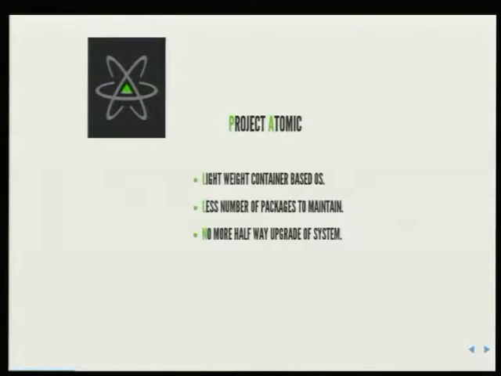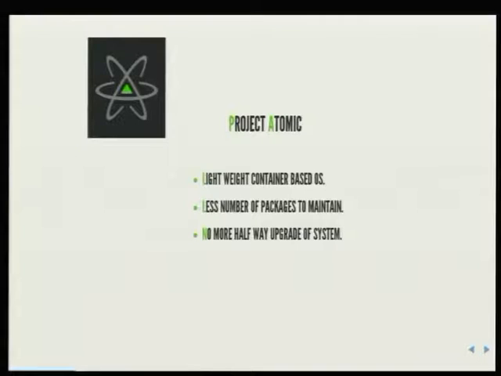Project Atomic is a lightweight container-based OS which lets you run only containers. So if you're looking for something where you want to run only containers or a cluster of containers for your application, then I think Project Atomic is a better place to switch to. It has minimum packages installed, so you don't have to care about packages installed on the OS if you're running containers.